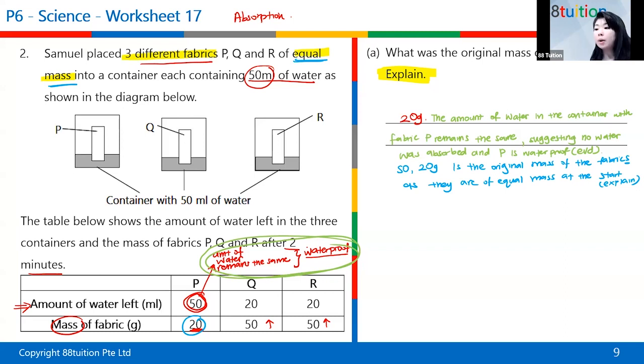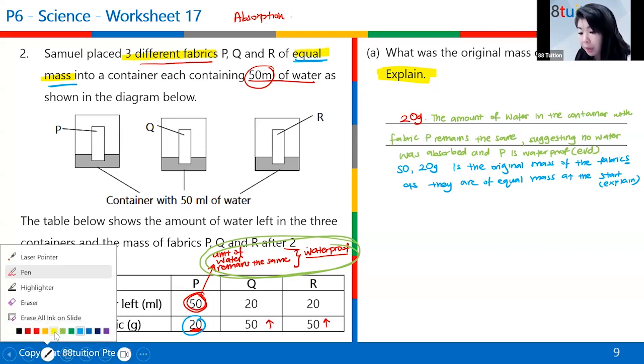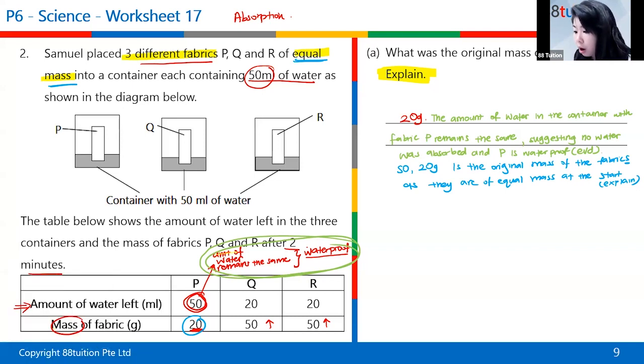So some of you for this question, you just mentioned that P did not absorb any water. How do you know that P did not absorb any water? You need to tell the examiner that the amount of water remains the same. All right?